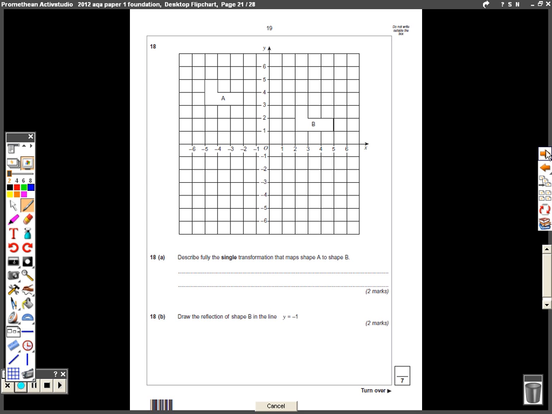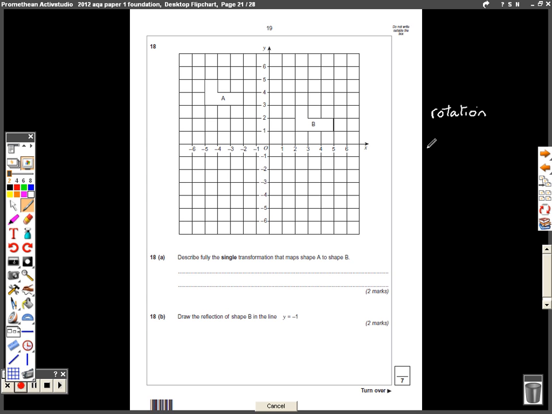Okay, we've got shapes A and B. We've got a set of axes. It says describe fully the single transformation that maps shape A to shape B. Now with transformations, we've got various choices. We could be talking about a rotation, where the shape has rotated, it's turned.